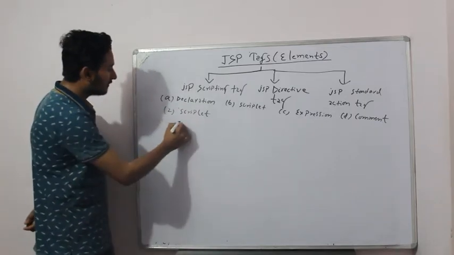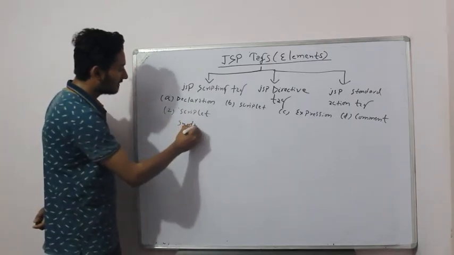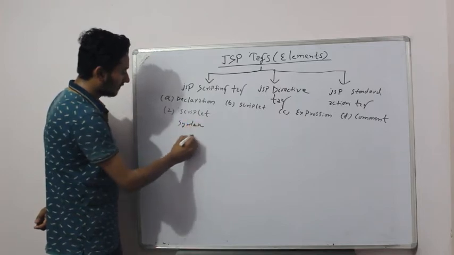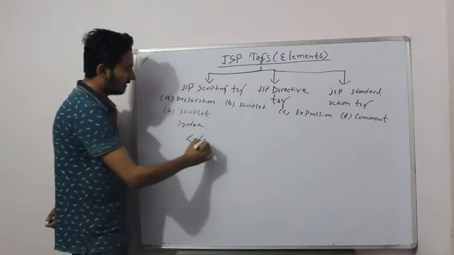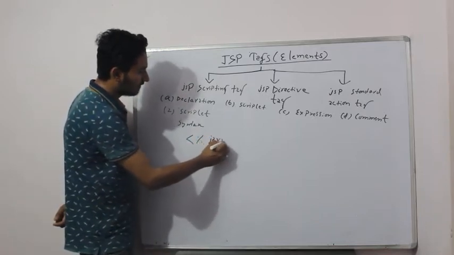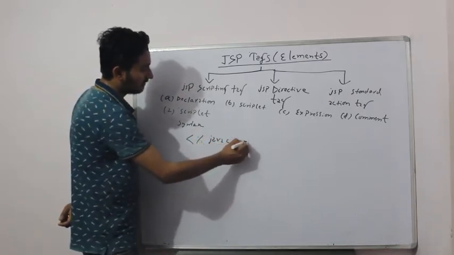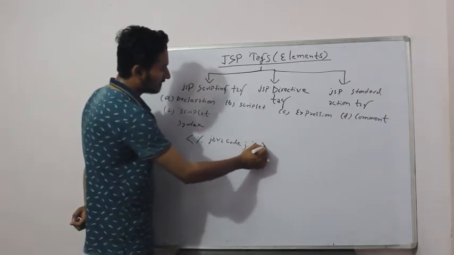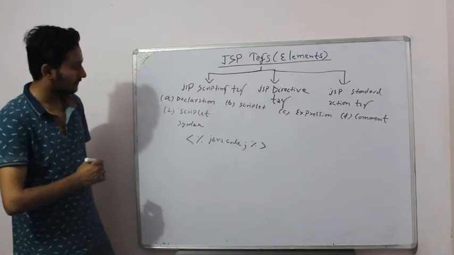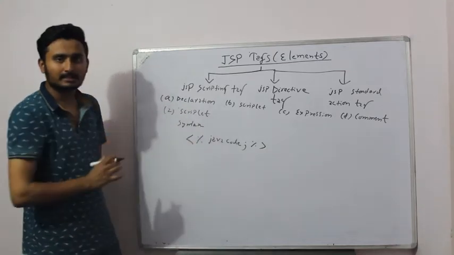So what will be the syntax? The syntax is angular bracket begins, percentage. Next here we will write the Java code, next semicolon, and lastly we will close with percentage and the angular bracket. So this is the syntax of the scriptlet tag.